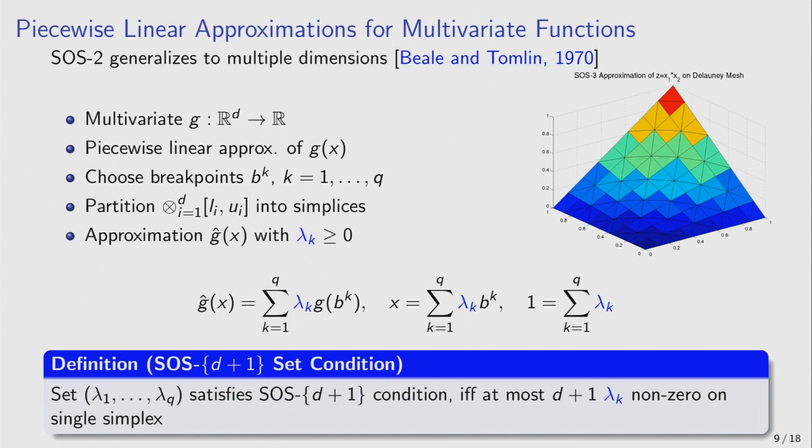And it satisfies the SOS d plus 1 condition, if and only if. So for a d-dimensional function, I have a d plus 1 condition, if at most d plus 1 adjacent are non-zero on a single simplex. So that's my condition. So I can now form this linear approximation. I have a linear approximation in this interval. I find out where I am.